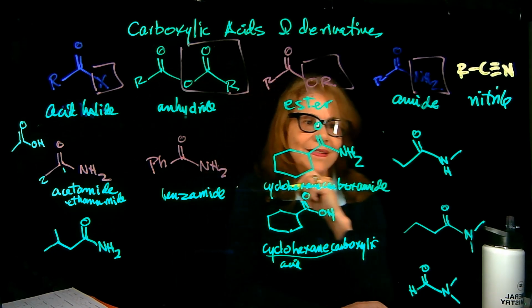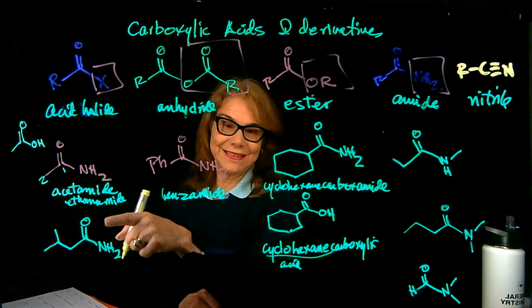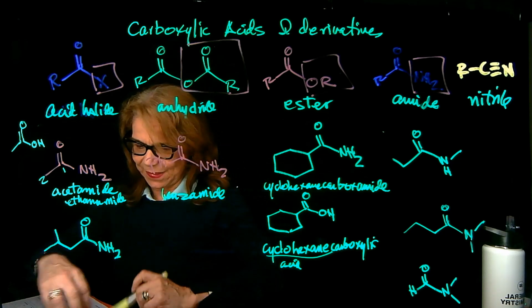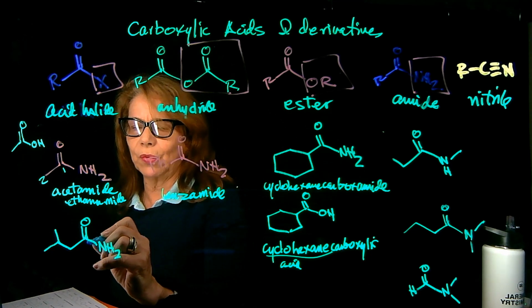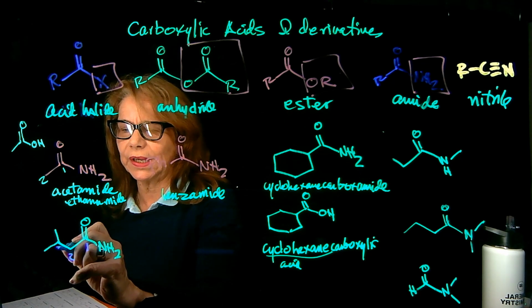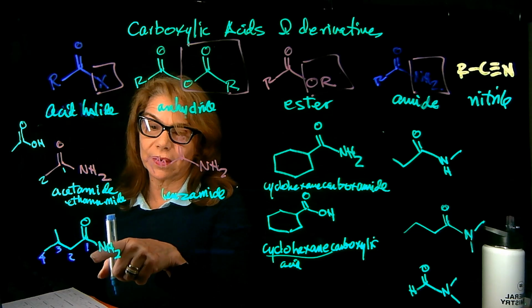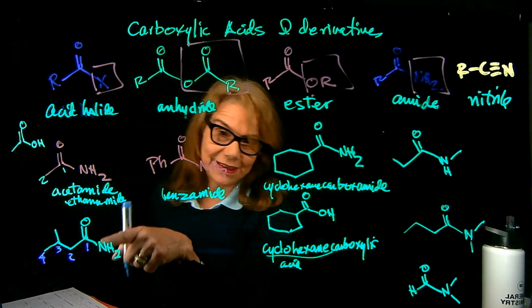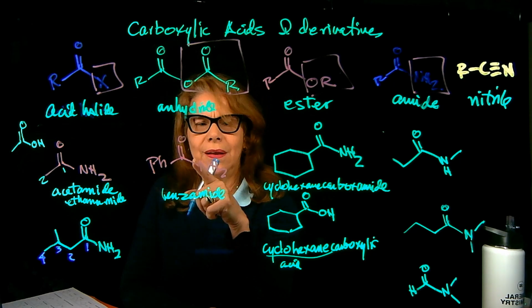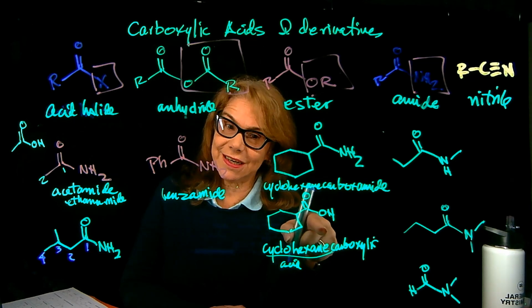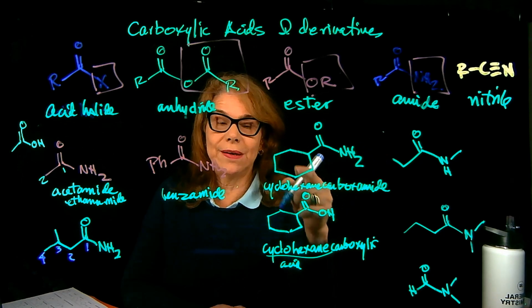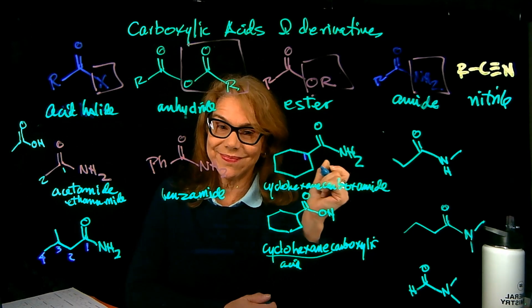Okay, now more examples of that. This one over here. Let's say we have carbon number 1, 2, and 3, similar to what we have done before. Carbon number 1 is the carbon in the carbonyl group. The only difference in this case is where carbon number 1 is this.